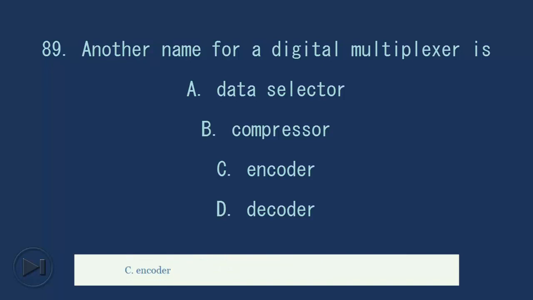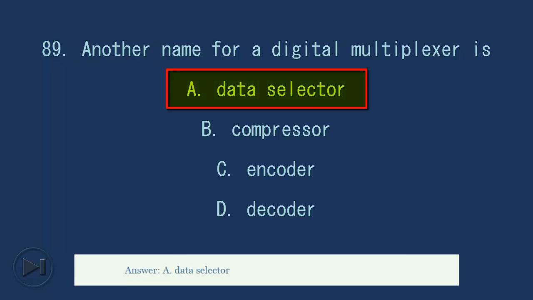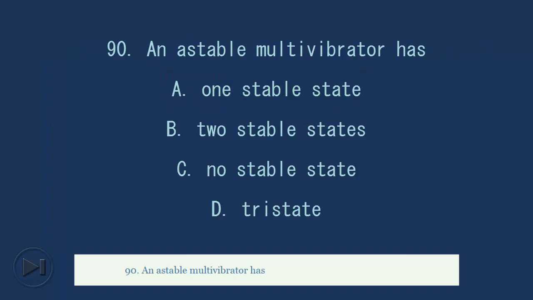C. Encoder. D. Decoder. Answer, A. Data selector. 90. An astable multivibrator has A. 1 stable state. B. 2 stable states. C. No stable state. D. Tri-state. Answer, C. No stable state.